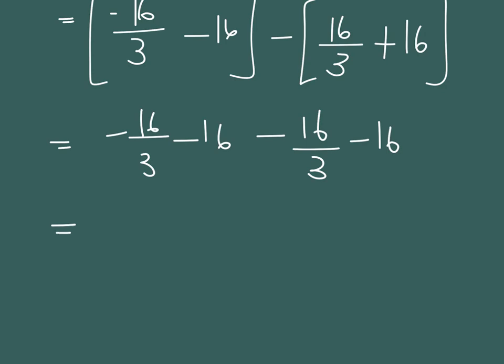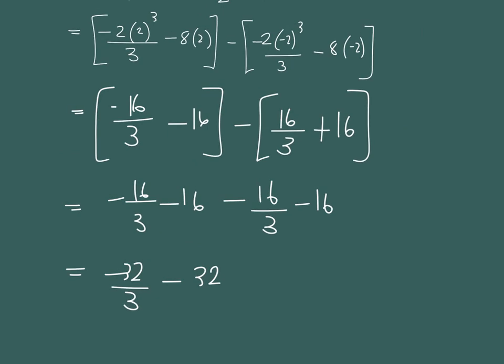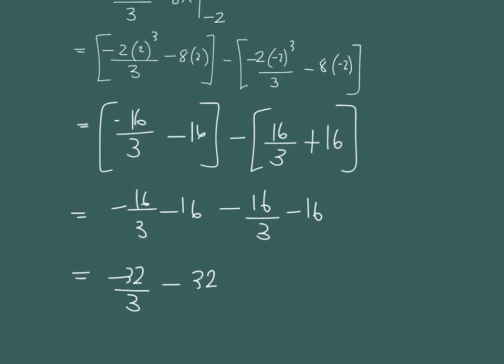So we have negative 32 over 3 minus 32, right? Minus 16, minus 16. Positive naman.